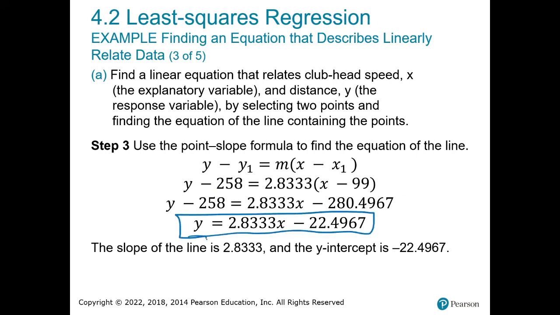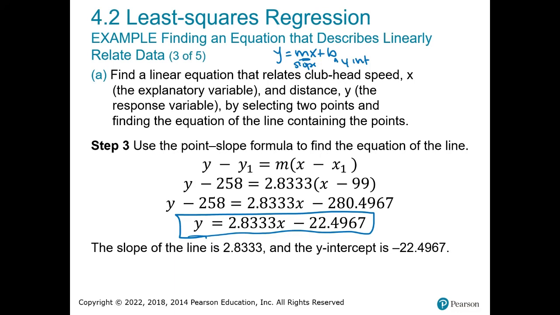And they get this equation. Our goal is always going to be y equals mx plus b, where m represents the slope and b represents the y-intercept. Slope is always attached to the x, and y-intercept is always the value by itself.